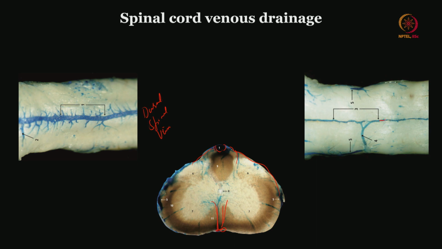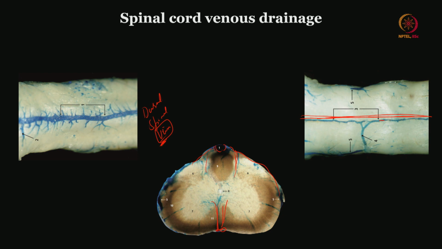So what you need to remember is, on the dorsum the vein is very prominent, ventrally the artery is very prominent. You have a big artery running in the midline ventrally, and dorsally you have a big dorsal spinal vein running. That will take all the blood away from the spinal cord and towards the heart.